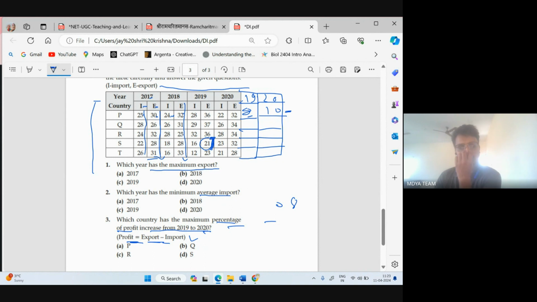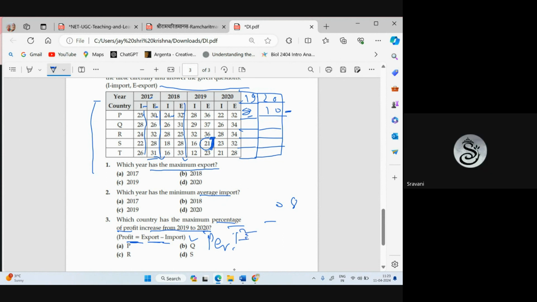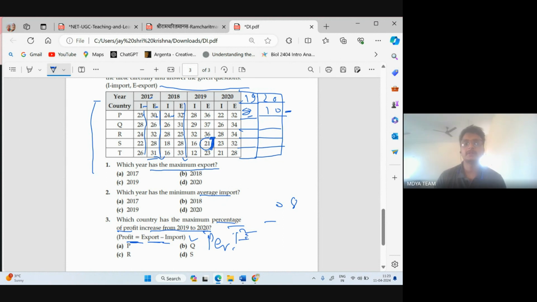So how to calculate the percentage increase? Yesterday I told you, for percentage increase or decrease, what will you write in the numerator? The difference between both values, which is 2. And with which value are you comparing?